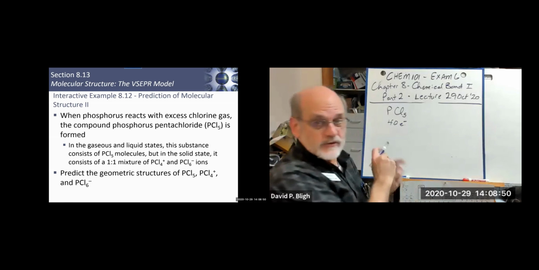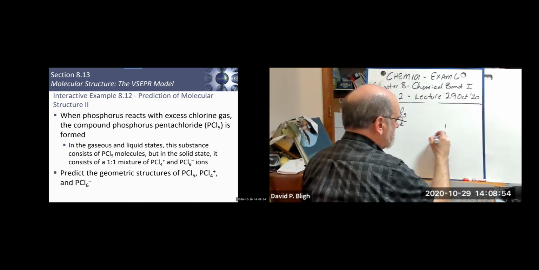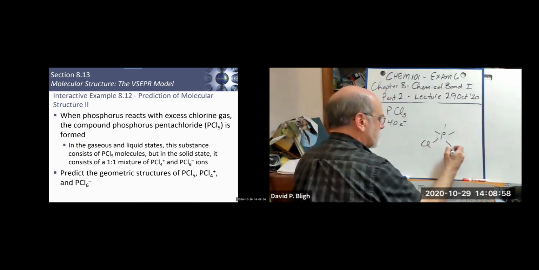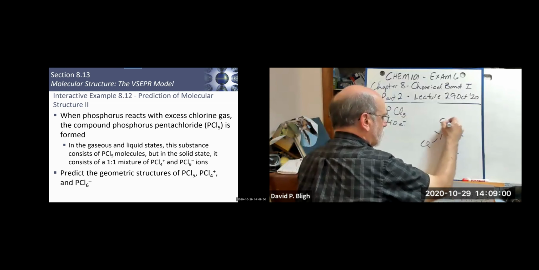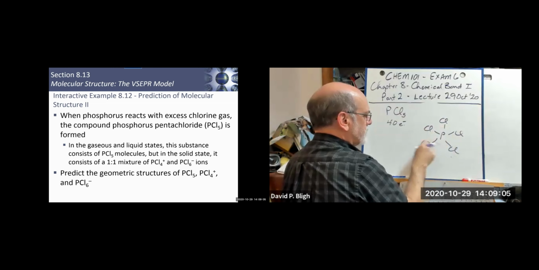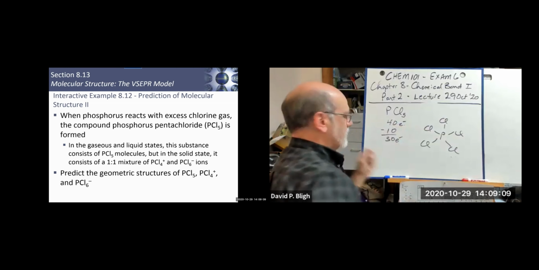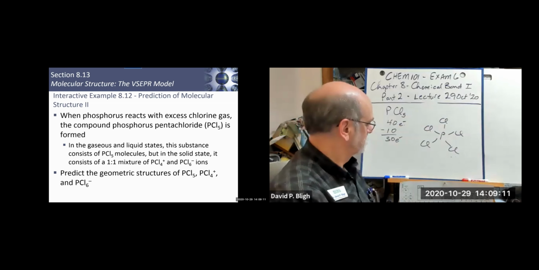And now we put phosphorus in the middle with 5 chlorines. Okay, 2, 4, 6, 8, 10. 30 electrons left, right?